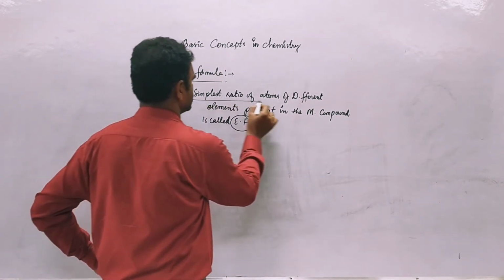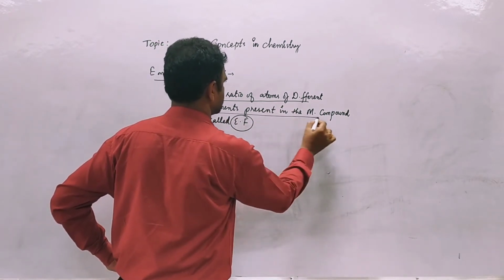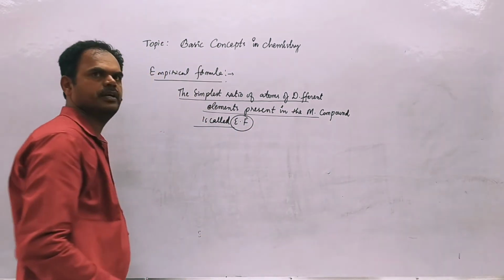The simplest ratio of atoms of different elements present in the molecular compound is called empirical formula.